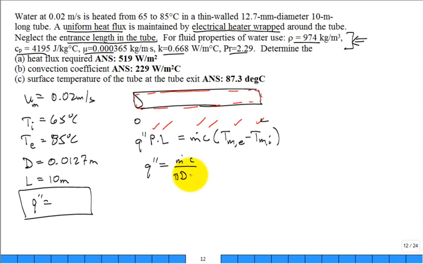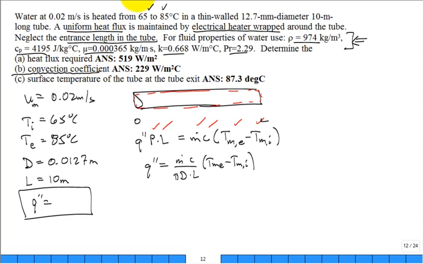Pi times diameter, times the length. And then the exit minus the inlet mean temperature of the fluid. Those are given. So you do the math and it comes in at 519 watts per meter squared.